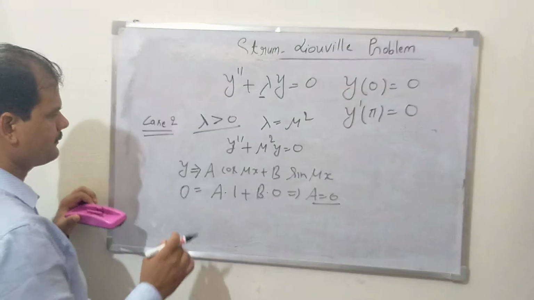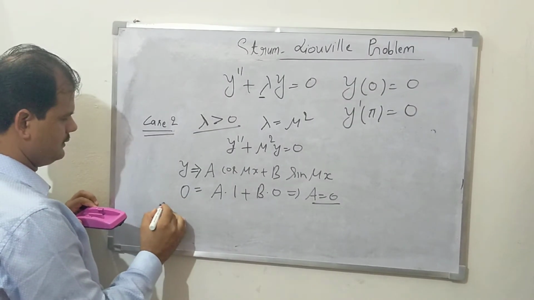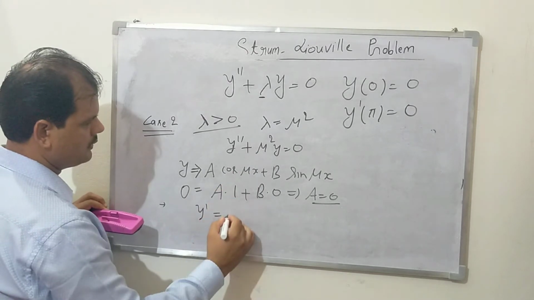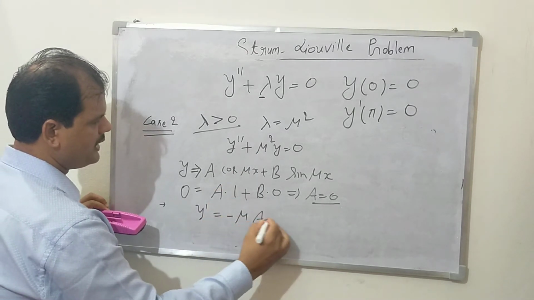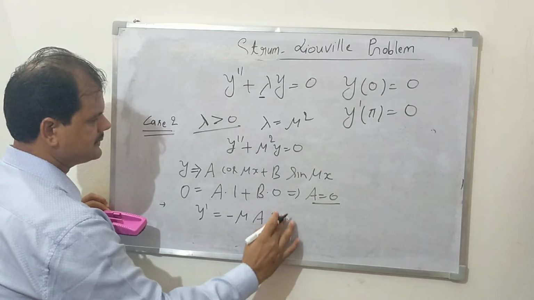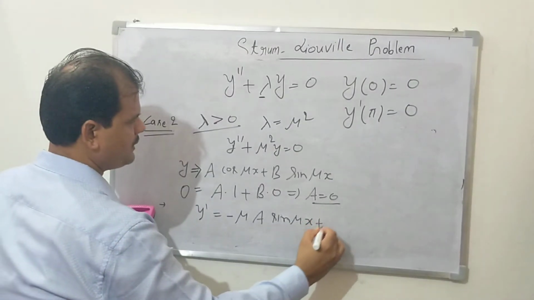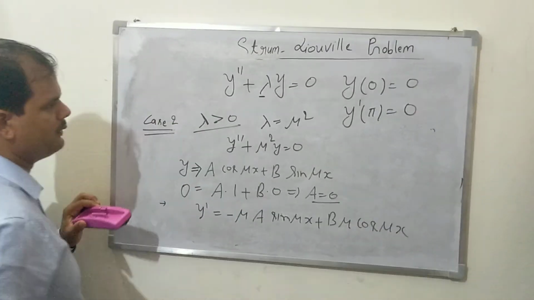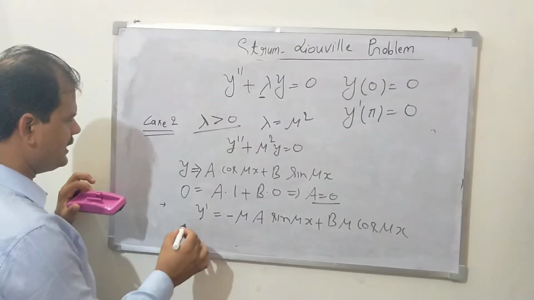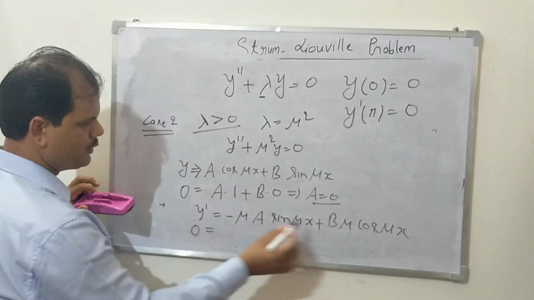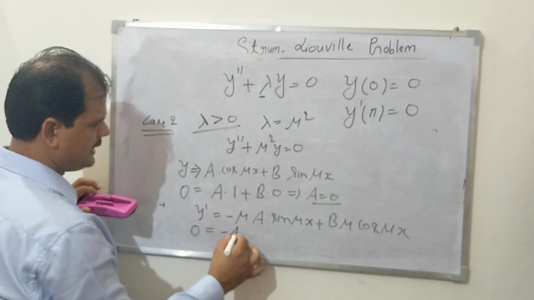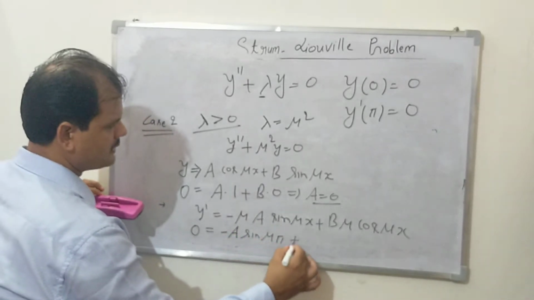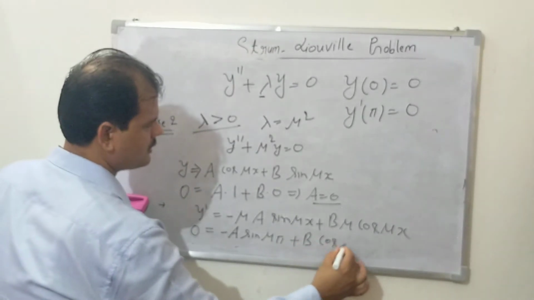Second condition, y dash. So y dash equal to minus mu a sin mu x plus b mu cos mu x, and y dash is 0 at x equal to pi, so 0 equal to, mu will be cancelled, minus a sin mu pi plus b cos mu pi.